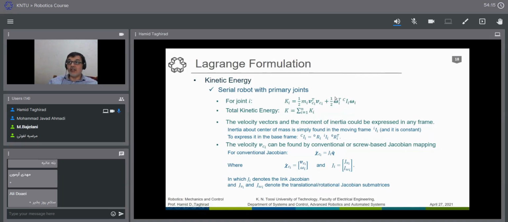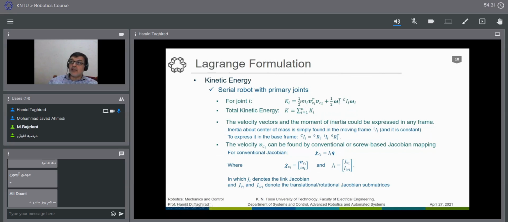Here we have a generalization for a 3D manipulator, for a 3D motion. We have the translational kinetic energy and the angular kinetic energy.